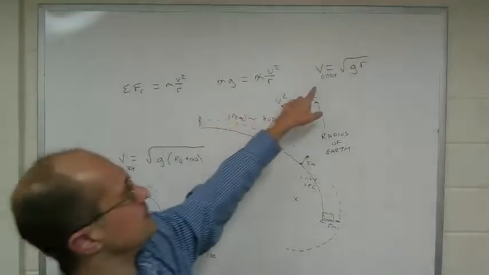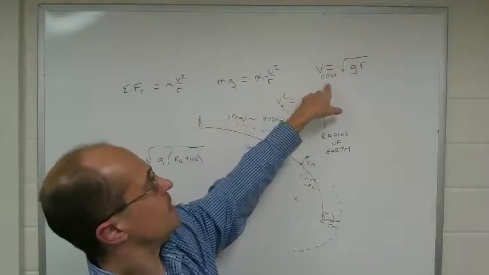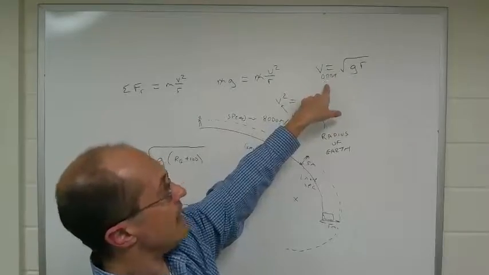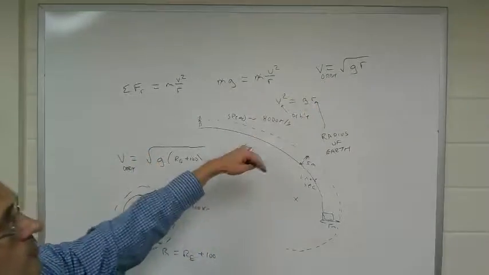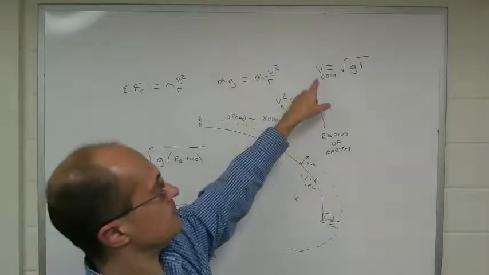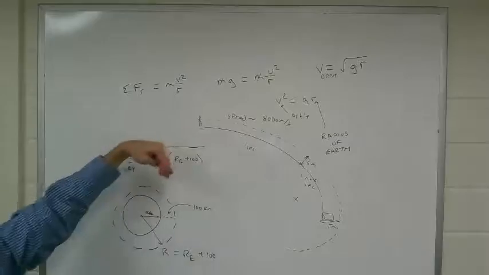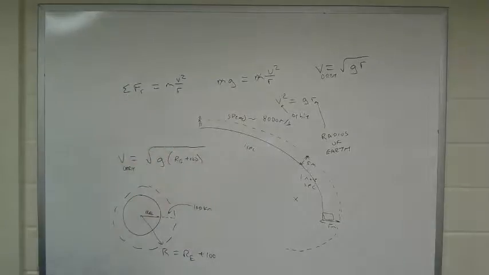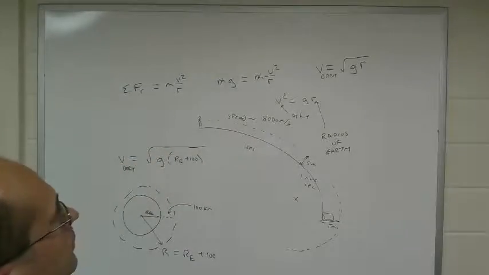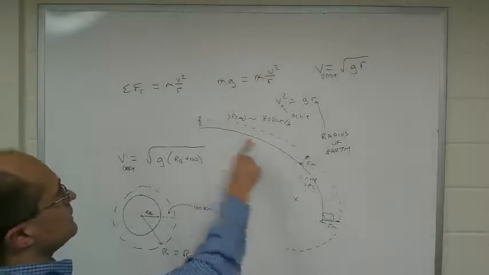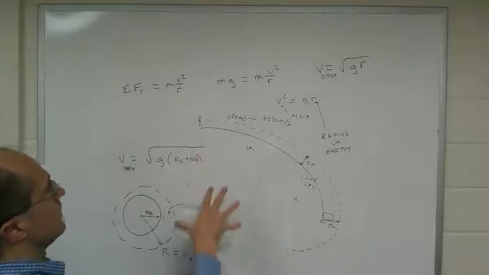So this is the speed that you have to maintain to orbit. If your speed falls below that, you have two choices. You either need to boost your speed back up, or if you go to a different orbit, you can have that different speed and then you'd be okay. But the idea is that you need a certain speed to maintain an orbit.